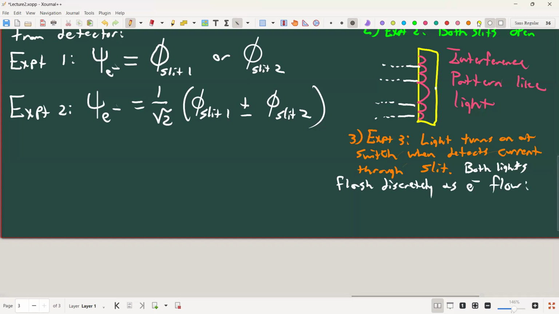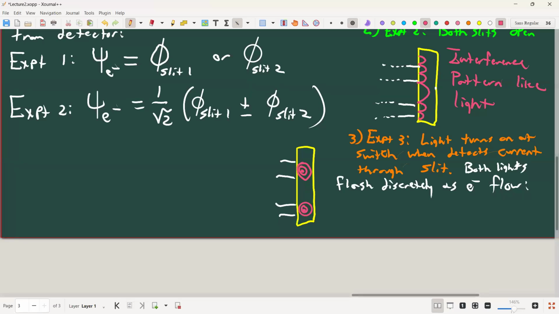And the detector result that I see is very consistent with the result that I have particles moving through 2 slits, and there's 50-50 of them, and some of them end at the bottom slit and some of them at the top slit. So it has nothing to do with my detector. Same result as experiment 1.